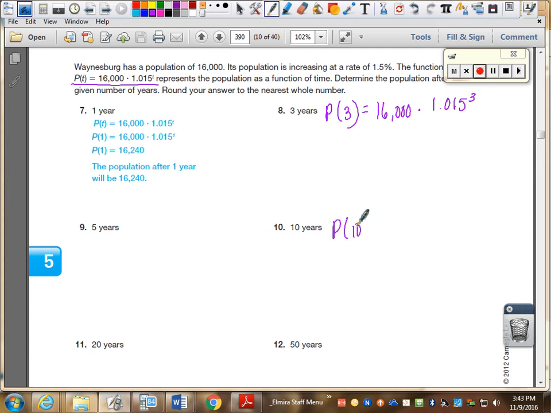P of 10 equals 16,000 times 1.015 to the 10th power. I do that for each one of these.